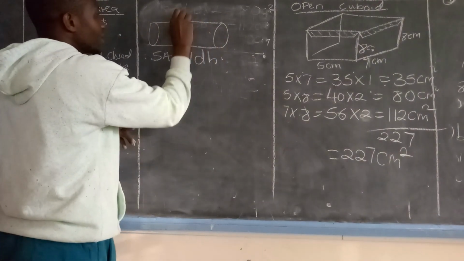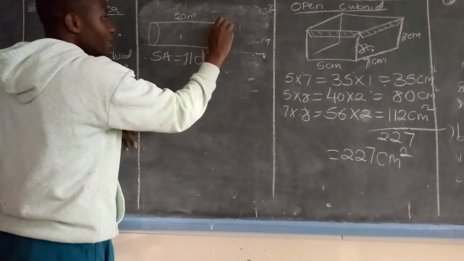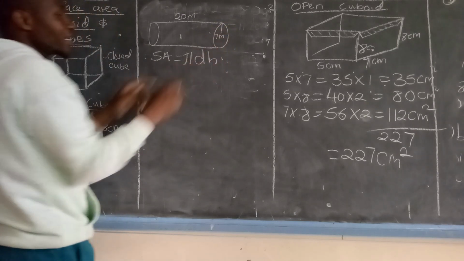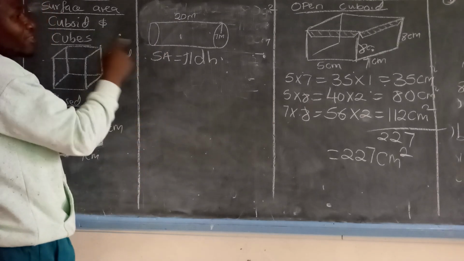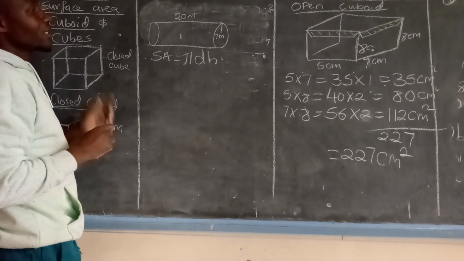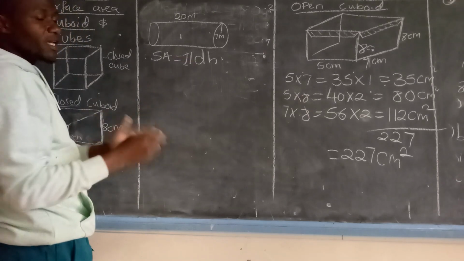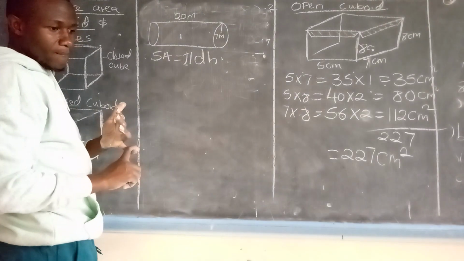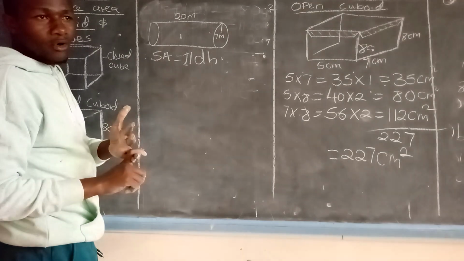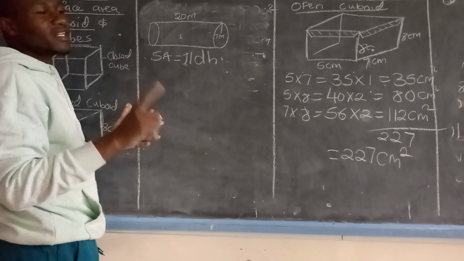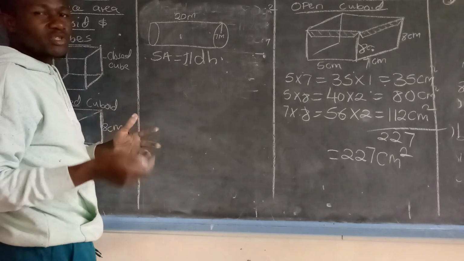For example, here it is 20 meters and here it is 7 meters. The radius is 7 meters and the height is 20 meters. We have pi. We all know pi can be either 22/7 or 3.14 or 3 1/7. Here 3 1/7 is the same as 22/7.